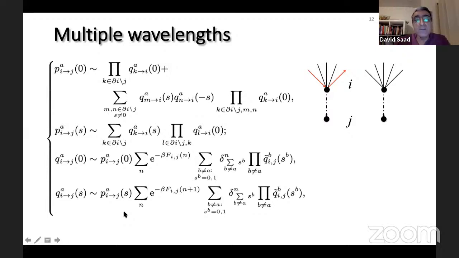Now, I'm not going to explain the equations. You'll be relieved that I'm not going to delve into them. I just wanted to show you how these equations look. So P^a_ij is the probability from node I to the edge IJ related to wavelength a, of which of the messages is being passed.